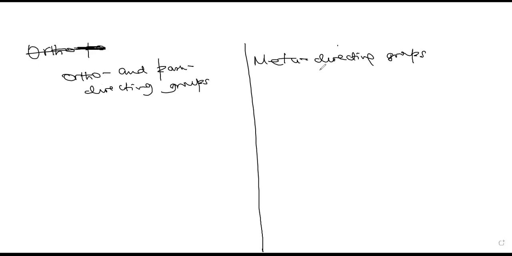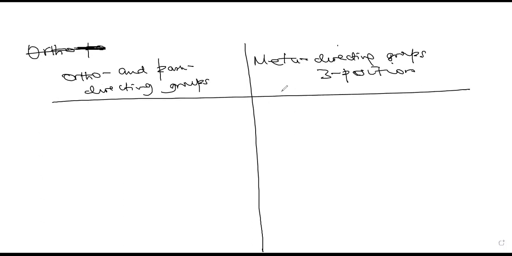The meta directing groups direct to the 3rd position, while the ortho para direct to the 2 and 4th positions. These ones include NH2.